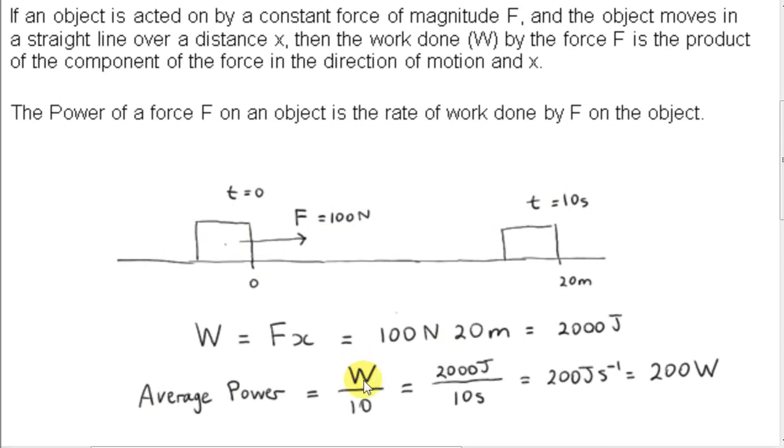We just divide the work done by the force on the object by the time taken for the object to go from here to here. So the work done is 2000, the time is 10, so 2000 joules divided by 10 seconds is 200 joules per second. Now we give a name to the unit joules per second. 1 joule per second is called 1 watt.